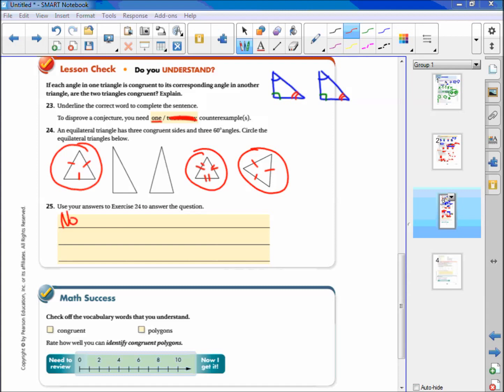Okay? So what's the answer to our question? Okay, well, all equilateral triangles have angles of 60 degrees. But the sides are not necessarily congruent.